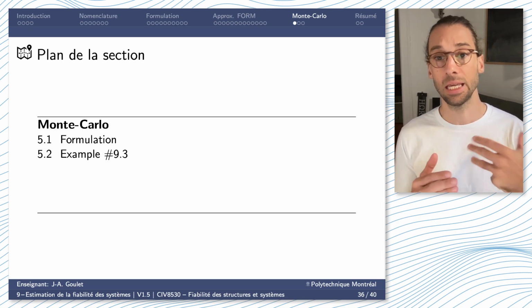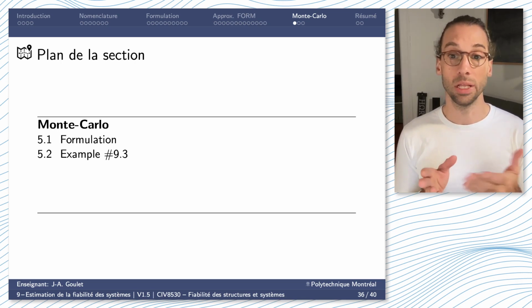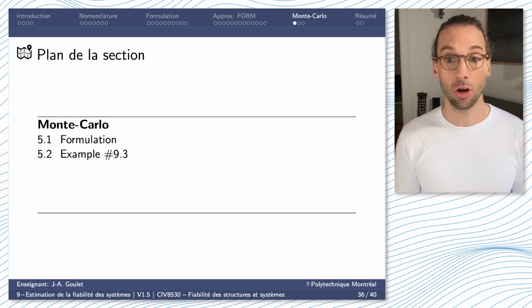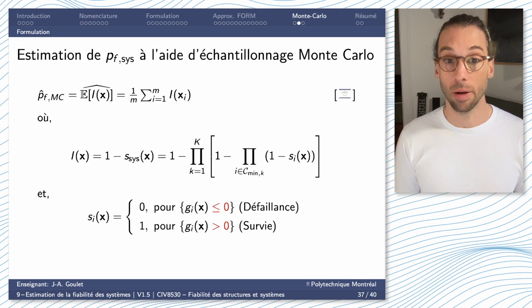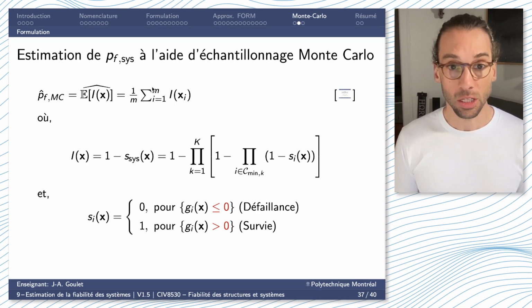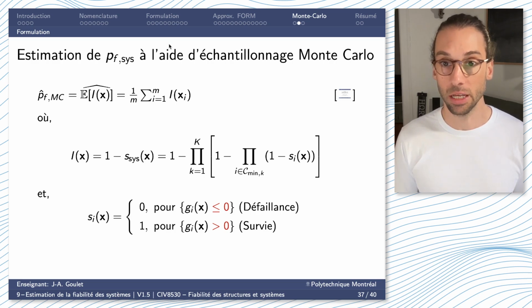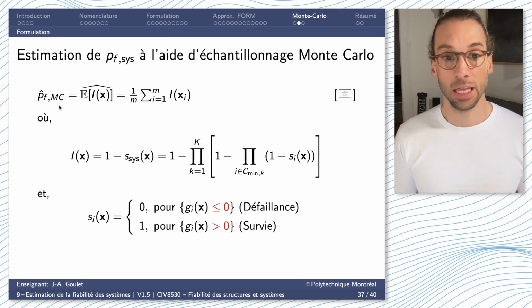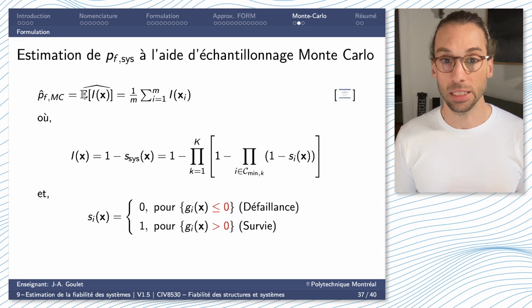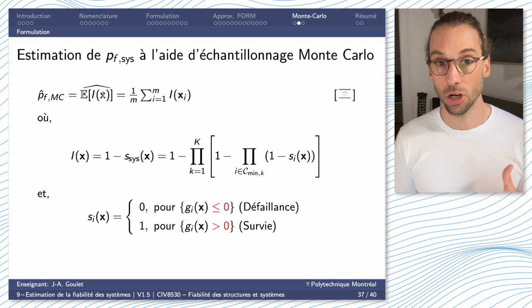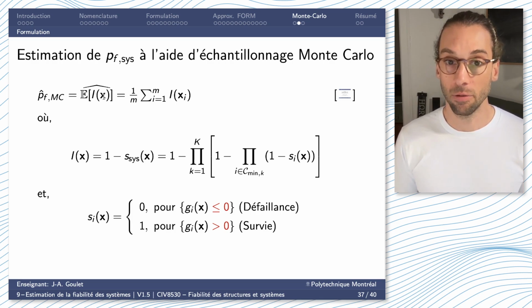And now let's see how we can do the same thing with sampling instead of relying on our analytical FORM approximation. So we saw in module 4, when we saw Monte Carlo sampling for estimating probability of failure, that the Monte Carlo estimator is the expectation over the indicator function of my random variable x.